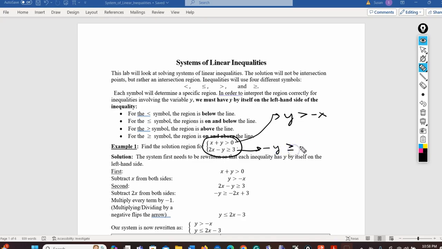Does not change the direction of the arrow. But I need y by itself, and this is -y. So I'm going to multiply every term by -1, and when I do that, it will flip the arrow. So now I have my system.